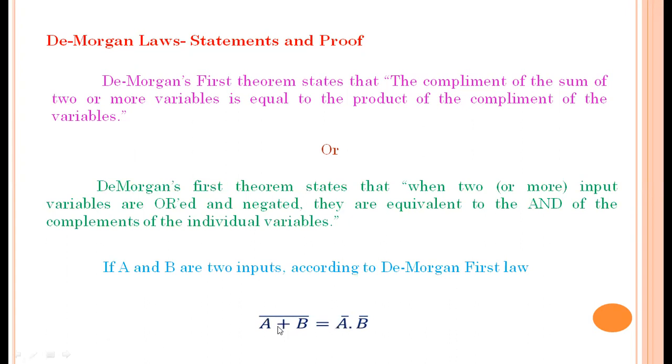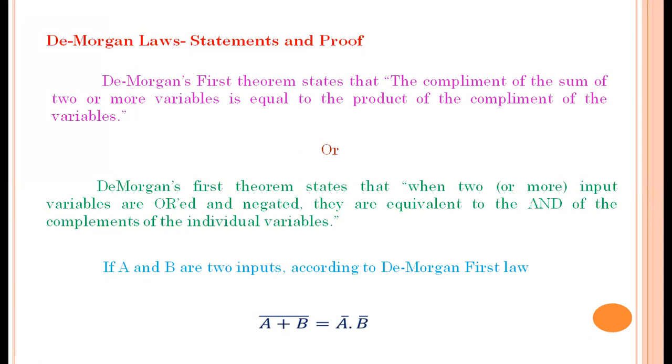So (A plus B) bar shows the complement of the sum of the two variables. This is equal to A bar, the complement of A, and B bar, the complement of B, with a dot product between them. So this is equal to the product of the complements of the two variables. This is called De Morgan first theorem.